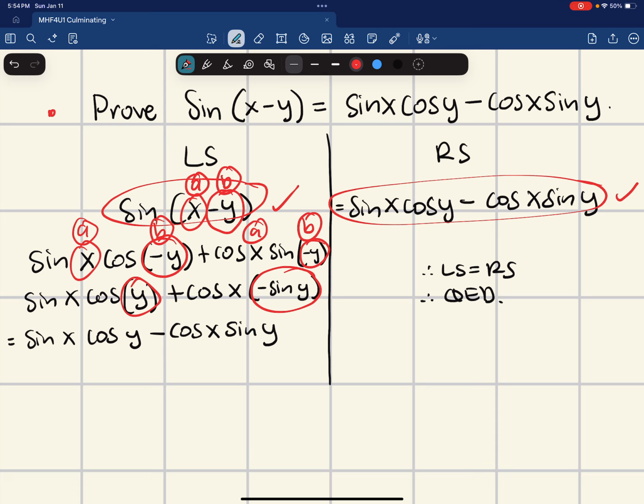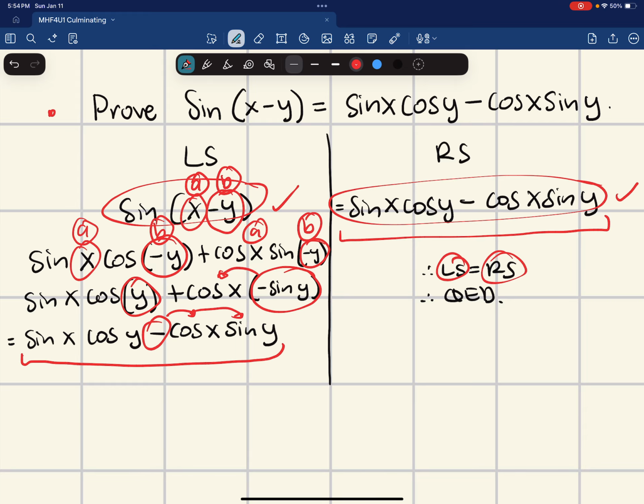And because negative sine is multiplied by cos y, this entire side of the formula turns negative, and that negative is shared by this as well as this. So this turns into negative cos x sine y. If you look over here, this entire bit is the same as this entire bit, and that's how we get left side equals right side, QED.